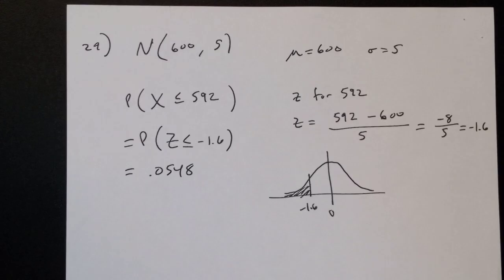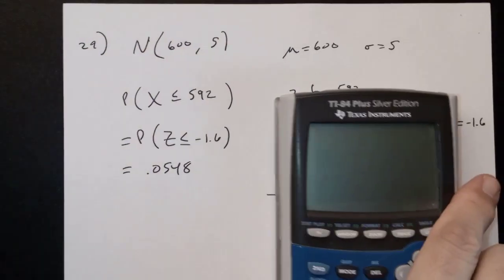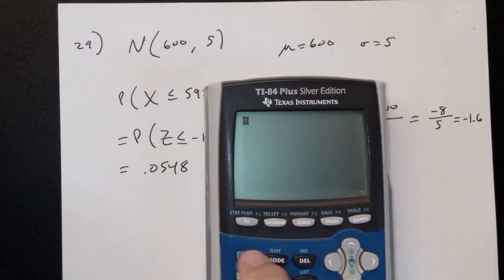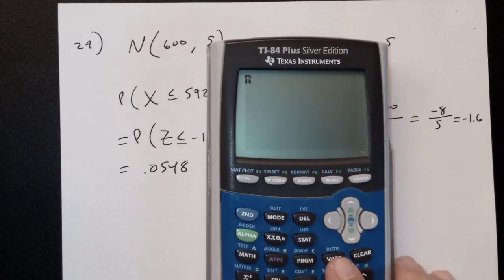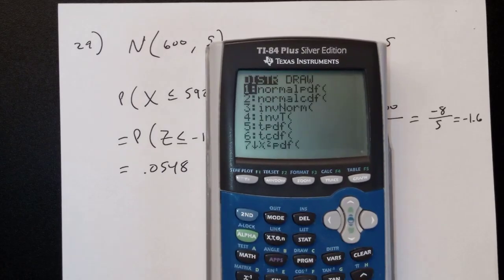If I want to use the normal distribution that's in my calculator, second, above the variables button, it says distributions. There are my normal distributions. And now I can use the CDF that's here.